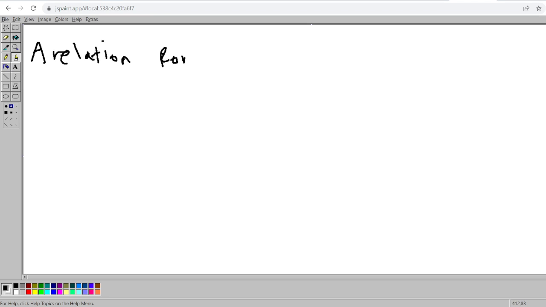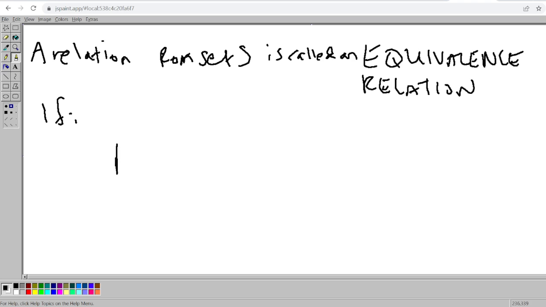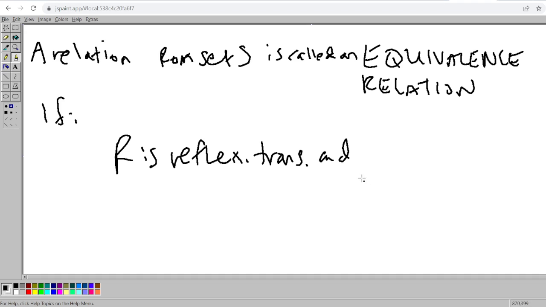A relation R on set S is called an equivalence relation if R is reflexive, transitive, and symmetric. All right.